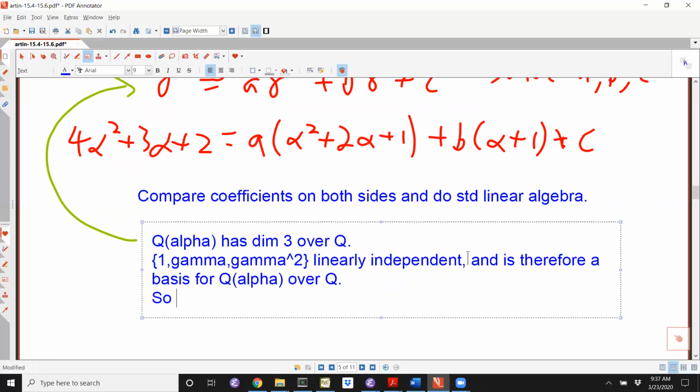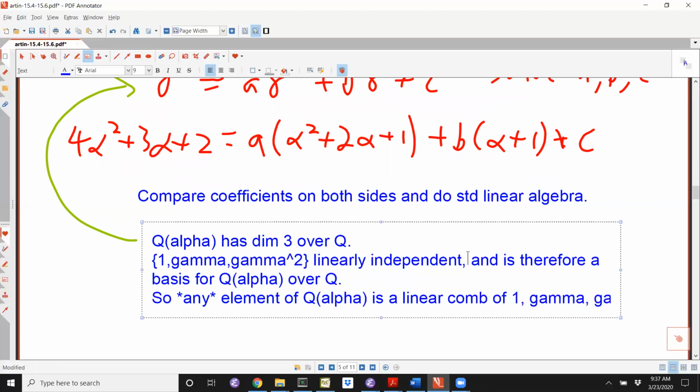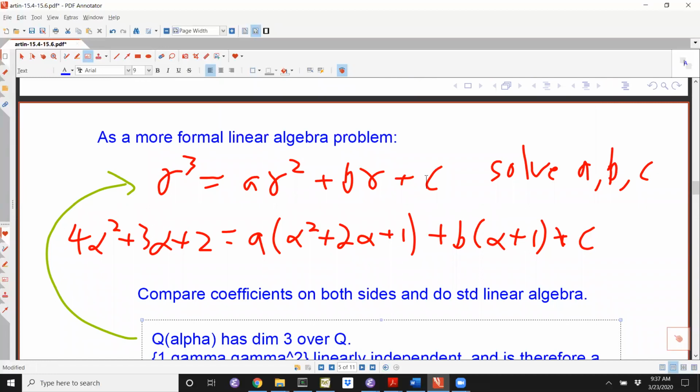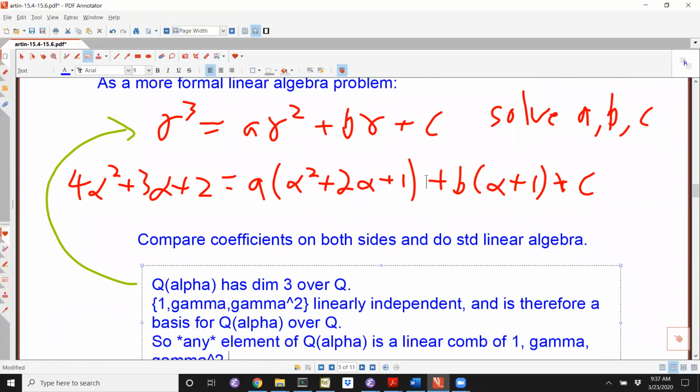So any element of Q of alpha is a linear combination of 1, gamma, and gamma squared, which means that this has to have a solution. Does that make sense?